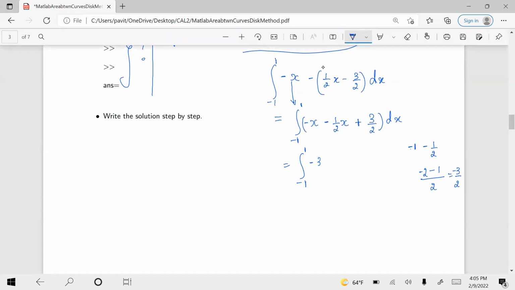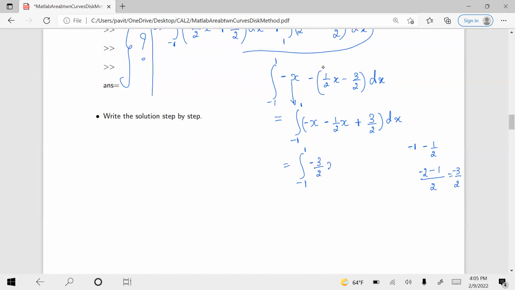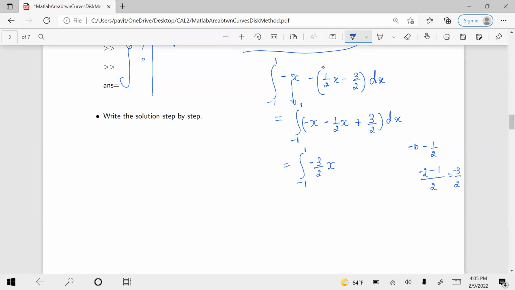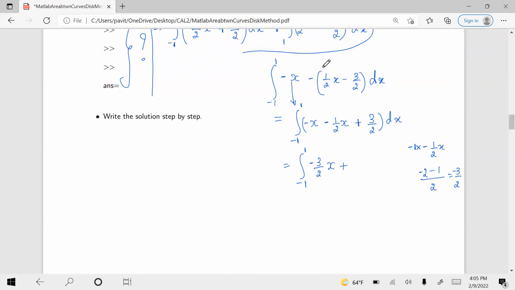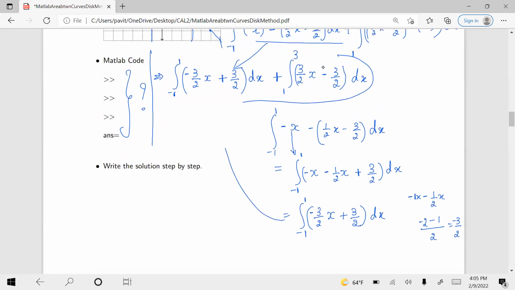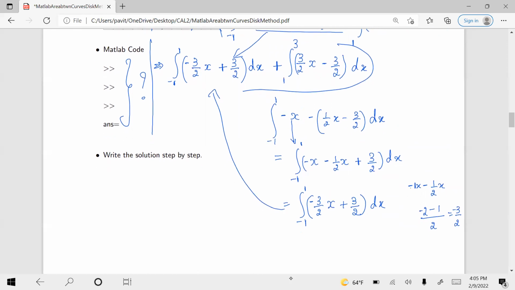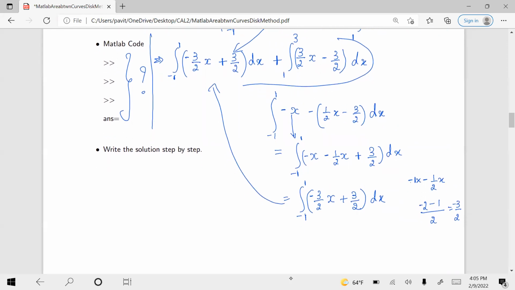And that is why I will write negative 3 by 2 x, because we will have x here. And then we cannot add or subtract this with anything. We do not have any terms left, so I will write it as it is. That's how we get this. Okay. I will wait until you guys make a note of this.